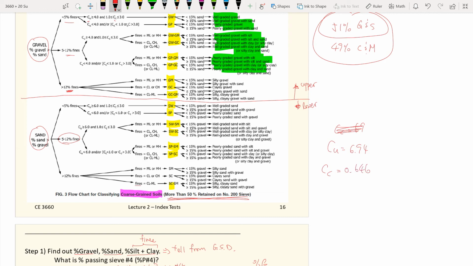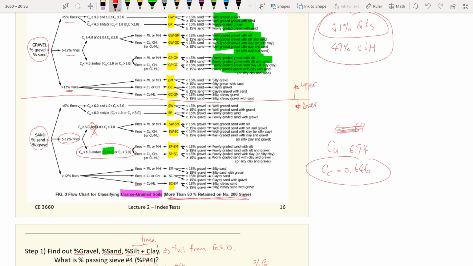We just calculated them based on D10, D30, and D60. And we are at the case that we are here, because we fulfill C sub C less than 1. In order to be well graded, you need to have an AND condition, but we are not there. So we don't fulfill this AND condition. That's why we go to the lower part.